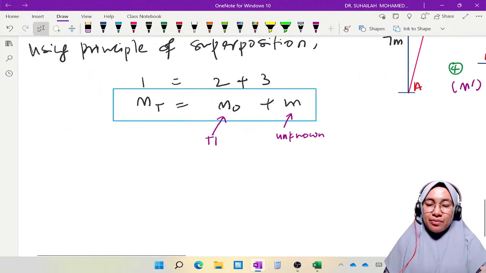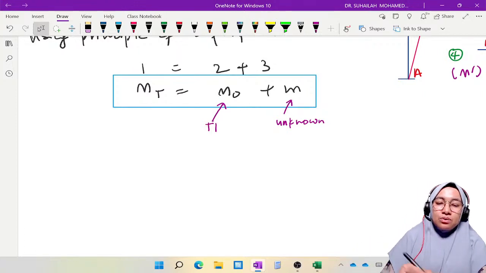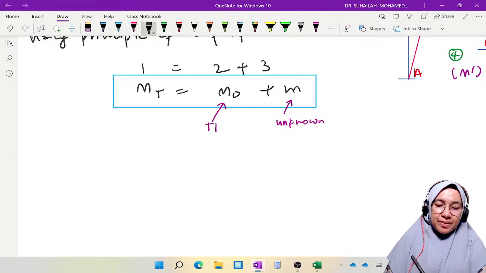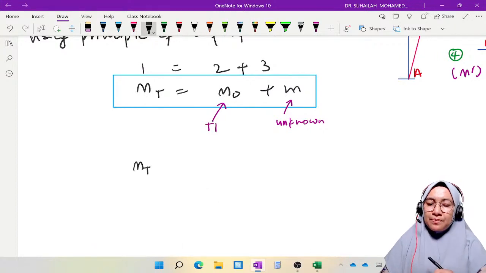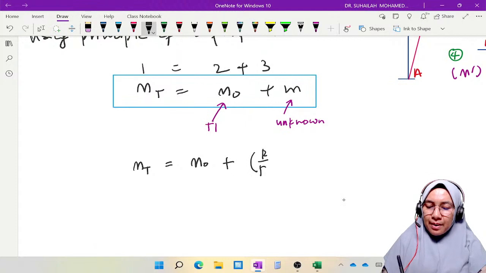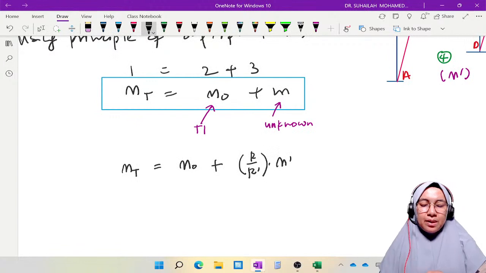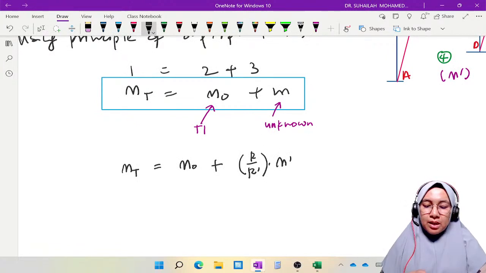into this equation. So we can rewrite the final equation to calculate the final end moment, or the total end moment, considering both effects, external loading plus delta. By this equation, m total equals m naught plus r divided by r prime times m prime.